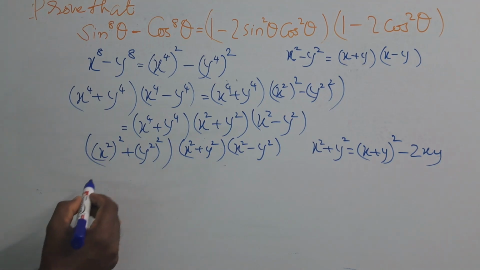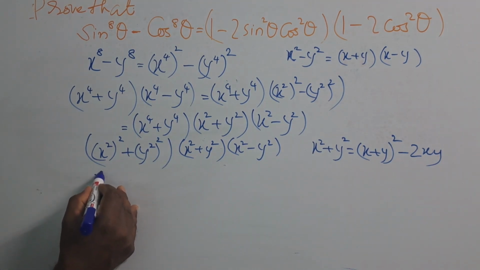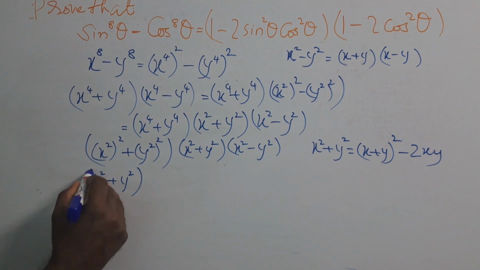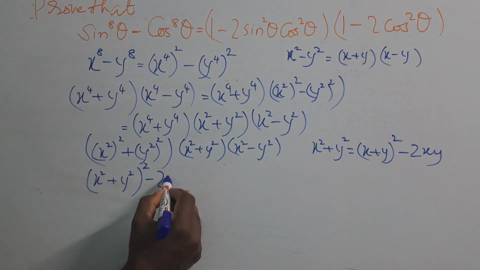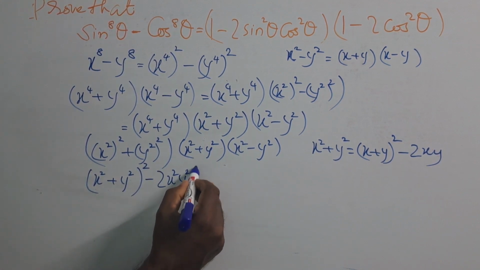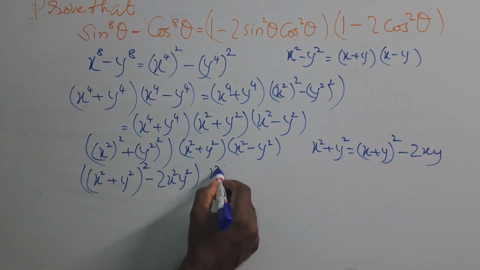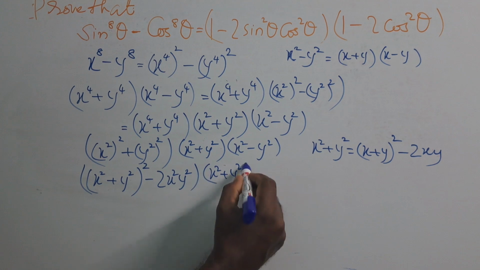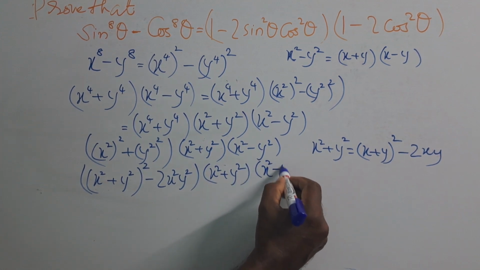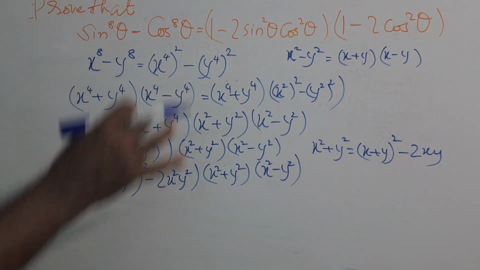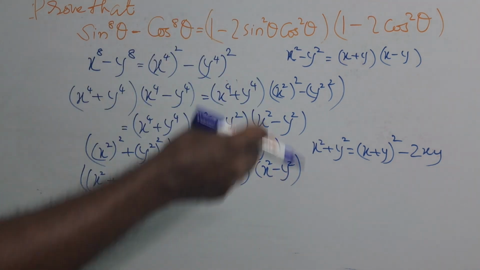This is substituted as x square plus y square the whole square minus 2x square y square into x square plus y square into x square minus y square. If you substitute x by sine theta and y by cos theta, you get the answer straight away.